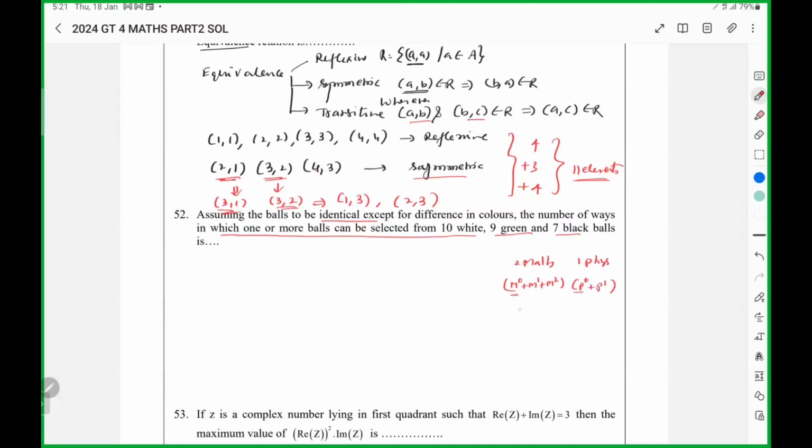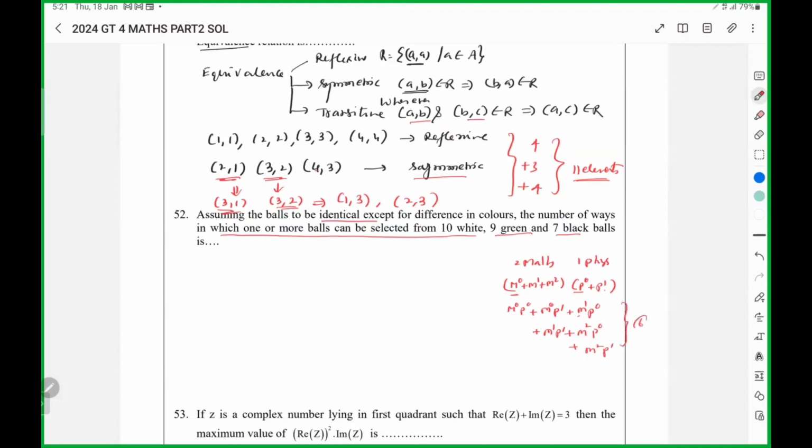So here M0, P0: you are not selecting any books. You are selecting one book. You are selecting one maths book, one maths and one physics, two maths and zero physics, two maths and one physics.